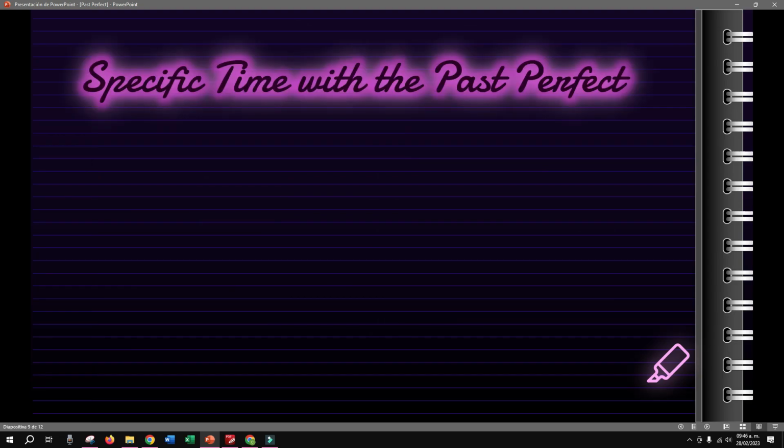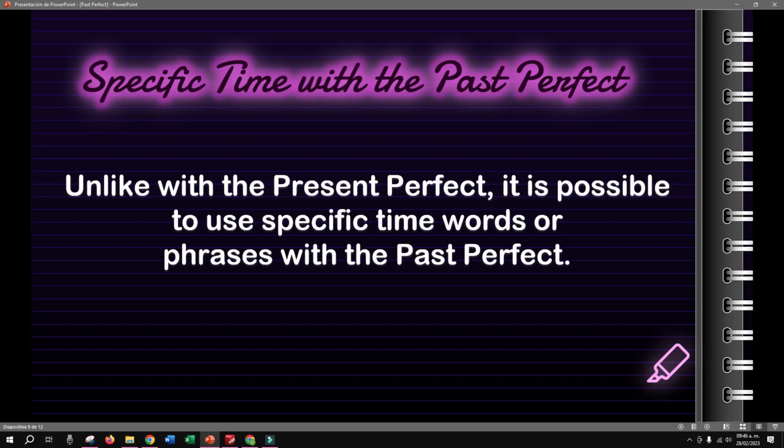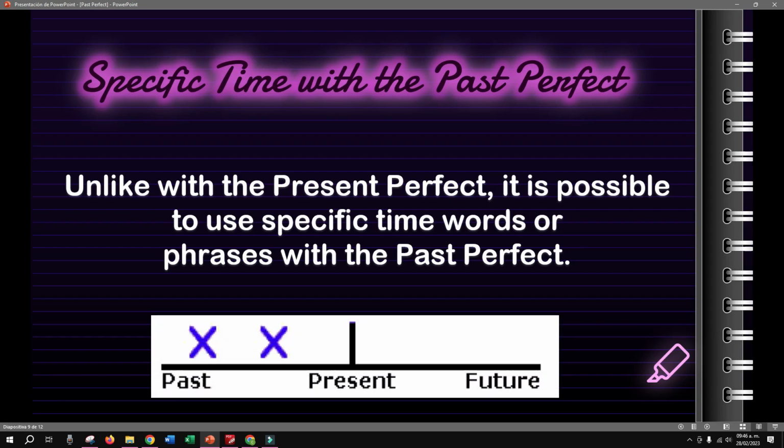Also, we have specific time with the past perfect. Unlike with the present perfect, it is possible to use specific time words or phrases with the past perfect. So, there you have this. Also, an action that started in the past and continued until another action happened, but in the past.